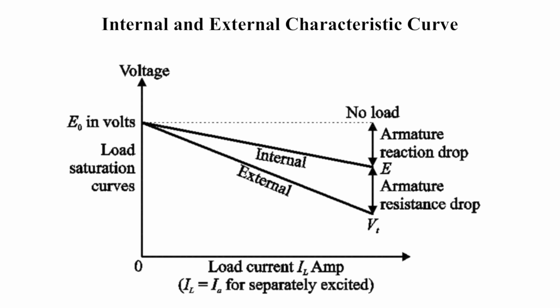External characteristic curve is the relationship between the terminal voltage Vt and load current IL, considering the effects of armature resistance and other losses which are taking place in the machine. It is similar to the load voltage characteristic, but explicitly shows the terminal voltage as the load current changes.